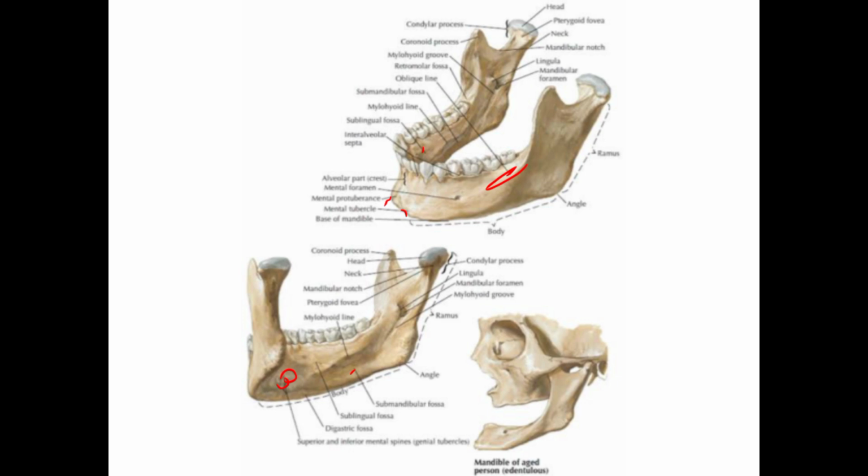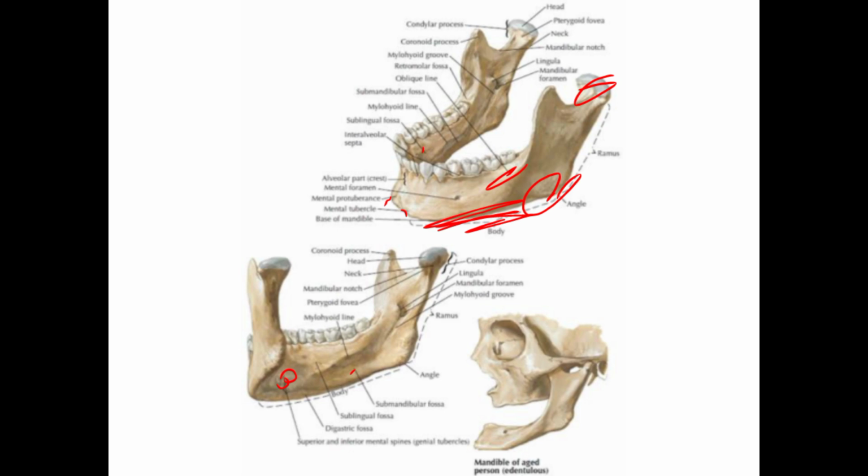Medial pterygoid inserts into the angle of the mandible here. Lateral pterygoid is inserted into the condyloid process here. Platysma is inserted on the lower border here.